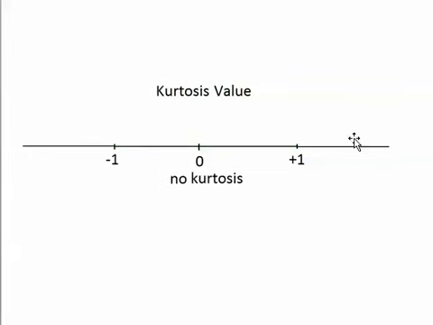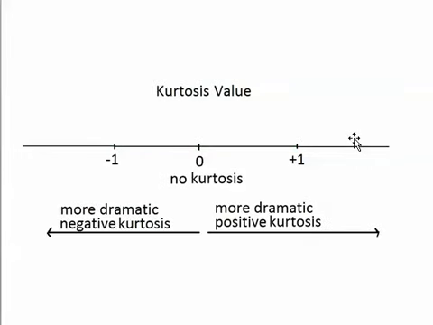The kurtosis value works the same way. If the kurtosis value comes out to 0, your data has no kurtosis, meaning it doesn't peak too high or too low. It's right in the middle. If the kurtosis value comes out to a negative number, your data has a negative kurtosis. It's flatter than the normal curve.